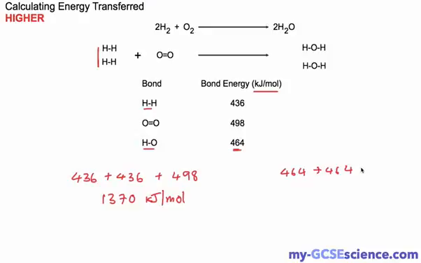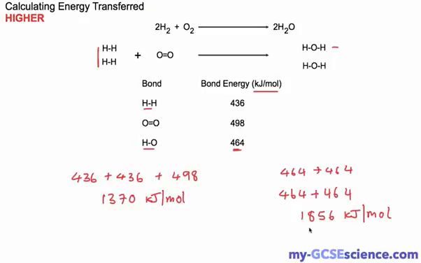That's the bond energies for one molecule, and to find out for two, just add it on again. So 464 plus 464, and the total answer for that is 1856 kilojoules per mole.